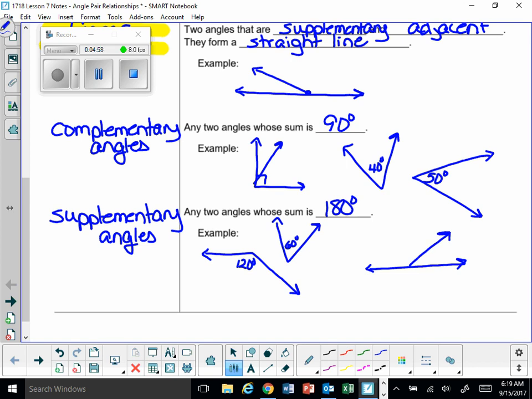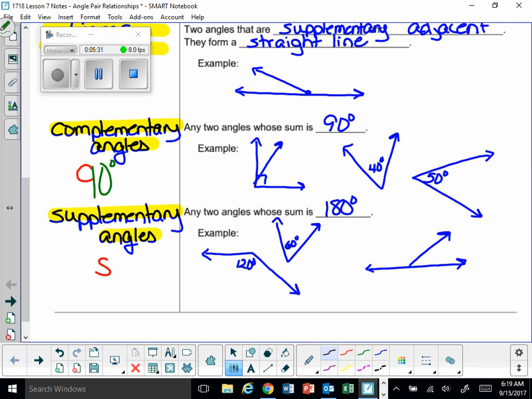Complementary and supplementary. I used to have a hard time when I was in school remembering which one was 90 and which one was 180. So I learned that when you do something right, you get a complement. So complementary angles, right angles, 90 degrees. Another way to look at it is to look at your capital C and your capital S. If we connect the ends of the C, we get the 9 and 90 degrees.